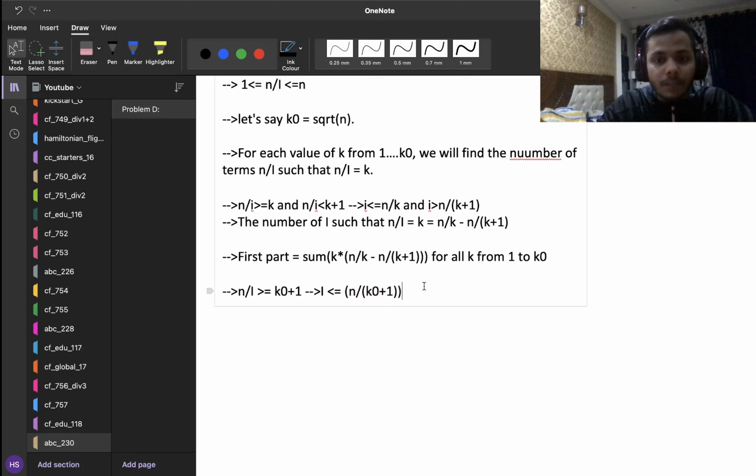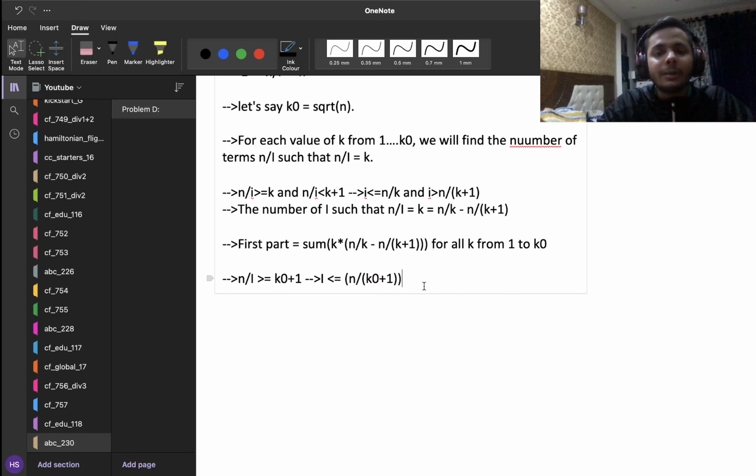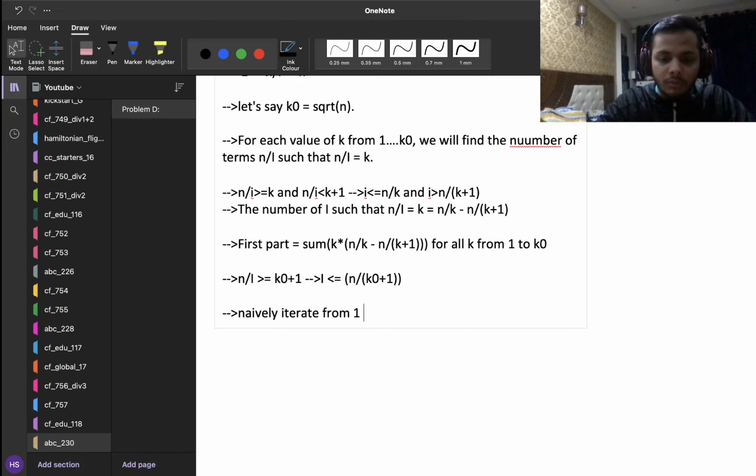So I can naively iterate from 1 to n by k naught plus 1 and add n by i to the answer.